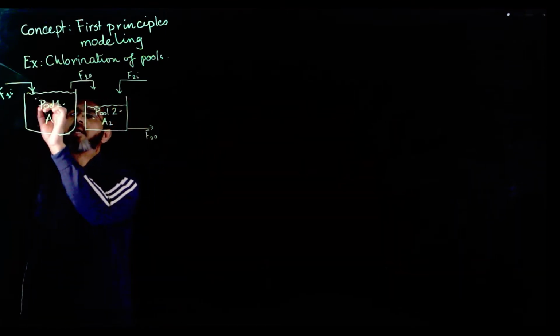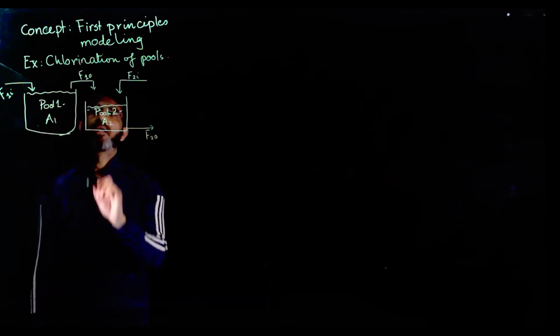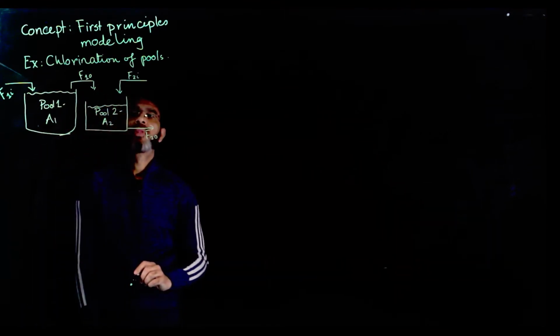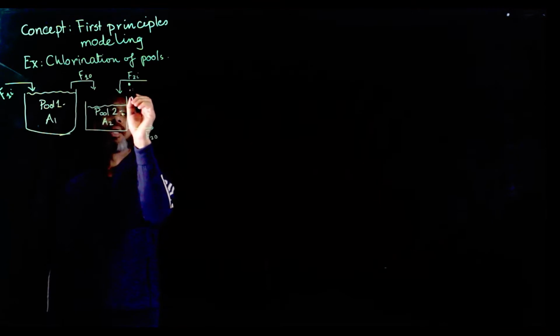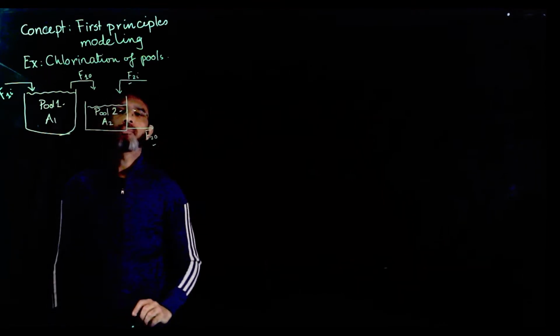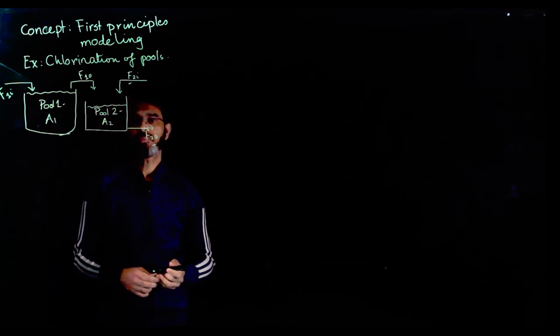Liquid is coming in, that's water coming in pool 1, the overflow going to pool 2, and there is another inlet in pool 1, and there is outlet from pool 2.